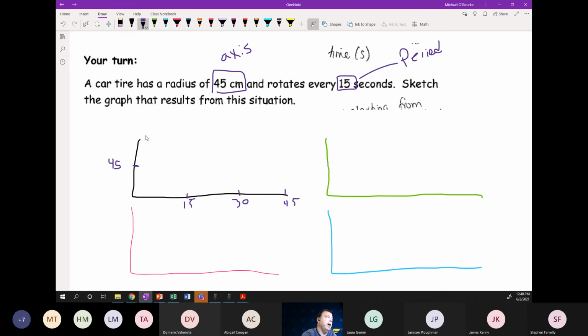Now, I have my graph here, 45, so I have to go all the way up. My radius here, I'm going to go all the way up to 90. That's going to go to 0 because it's a tire and lands on the ground. So I got to go like this, boom, boom, boom, and back in 15.